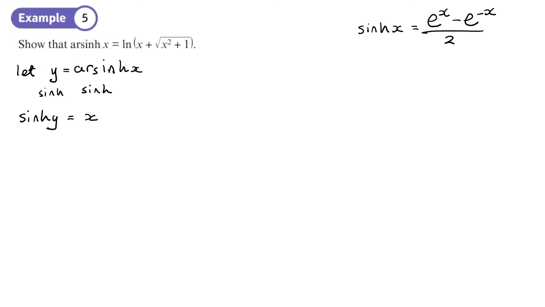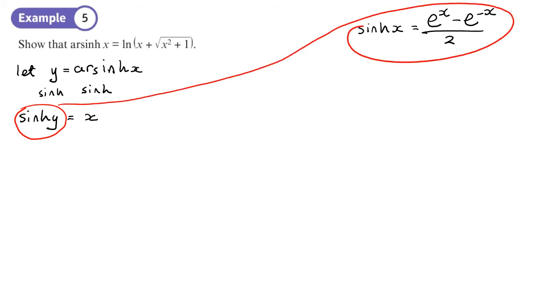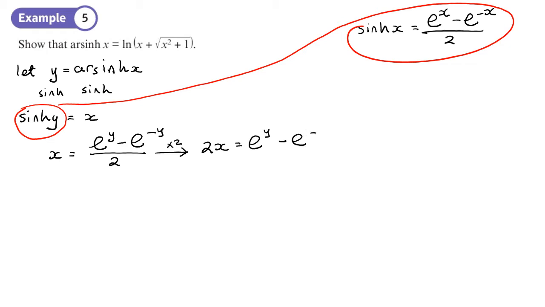Now sinh y, if I use the definition, so I'm basically using this over here, but with y's instead of x, I will have x equals e to the y minus e to the minus y over 2. Right, let's times both sides by 2. 2x equals e to the y minus e to the minus y.